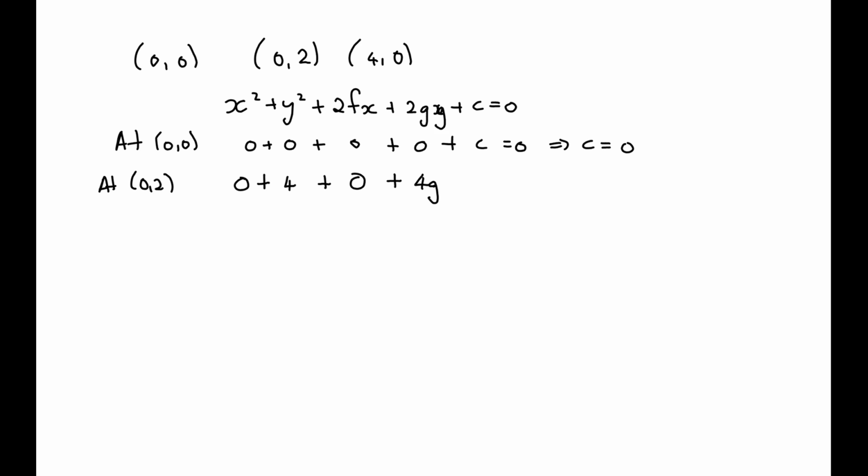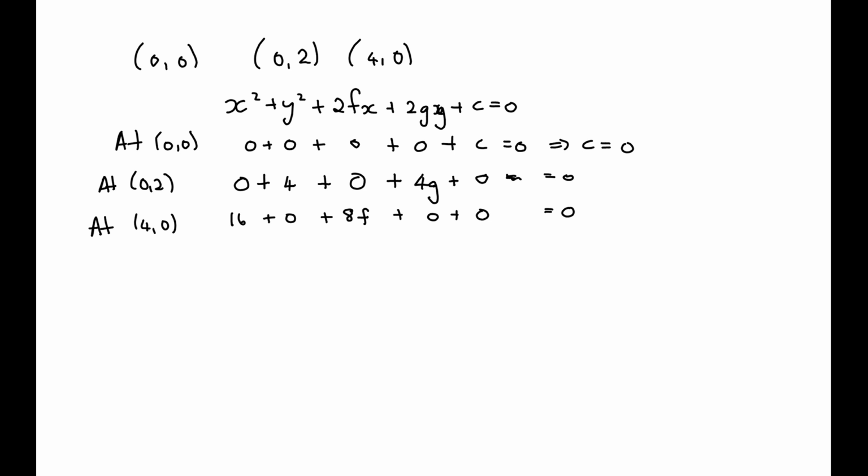So 4 plus 4g plus, we know c is 0 there. And what else do we know? We know that at (4, 0), we're going to have 16 plus 0 plus 8f plus nothing, and that's going to equal 0.